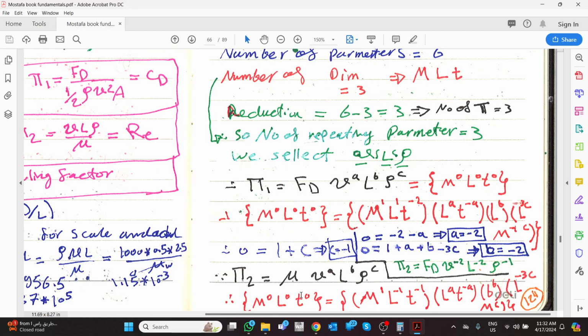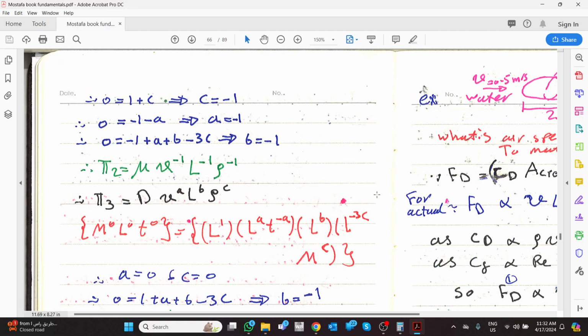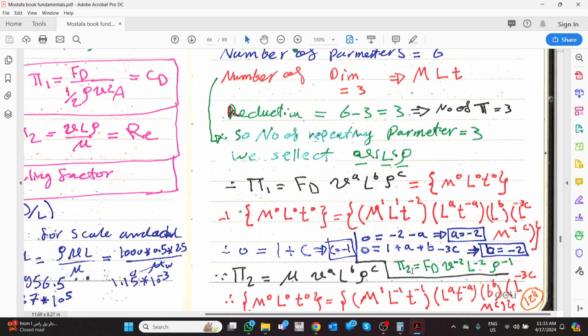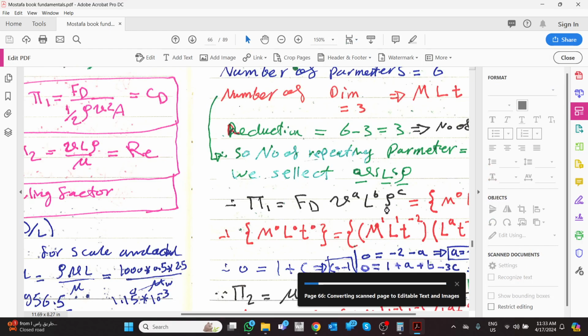You will write the mu, make the same dimensional analysis, equating the exponents to 0 for M, for T, for L, and you will get pi 2. And by the way, this is pi 1, not 2. Let's edit it.